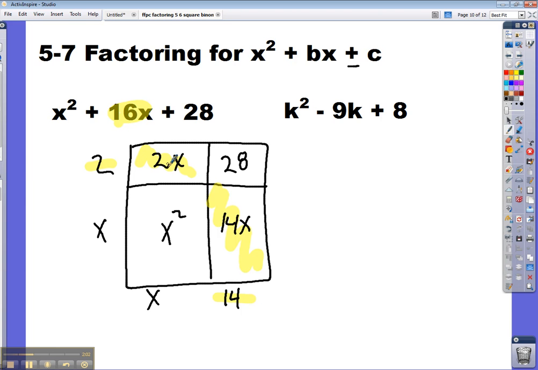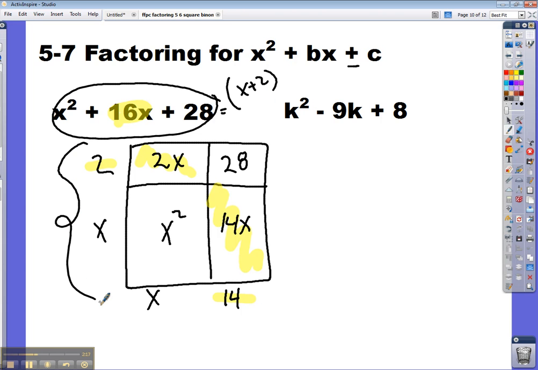So this here would equal x plus 2, because that's what this side length is, times x plus 14. Simple enough. That is the answer. We have successfully factored it.